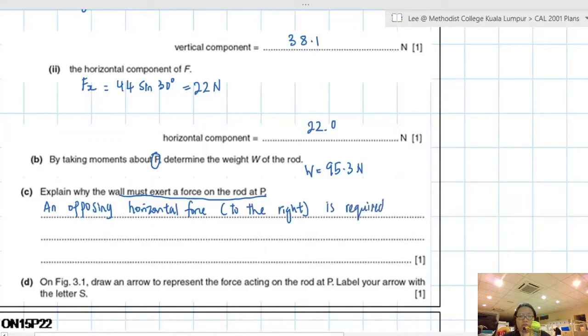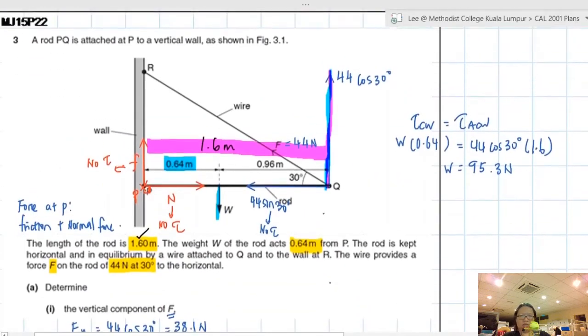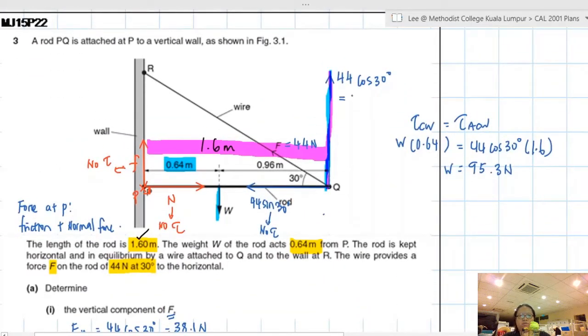Make sure you mention the direction. It is required to cancel out who? The horizontal component of your 44 Newton, or the tension in the string or the wire, or F.